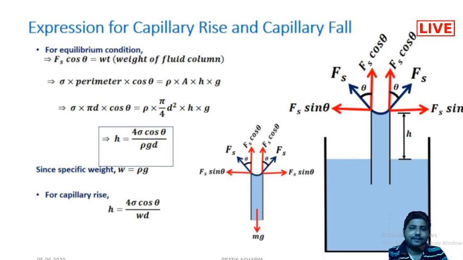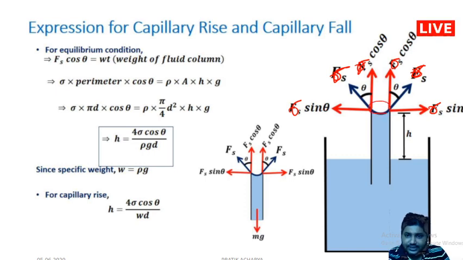Expression of the capillary rise. Suppose this is the surface tension sigma. Sigma is acting, and we take the component sigma cos theta; the horizontal component sigma sin theta will cancel each other. So sigma cos theta into this diameter, this small d.